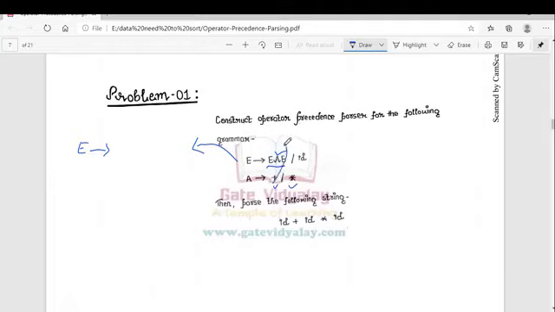So we have a non-terminal A. We can replace it with its productions.